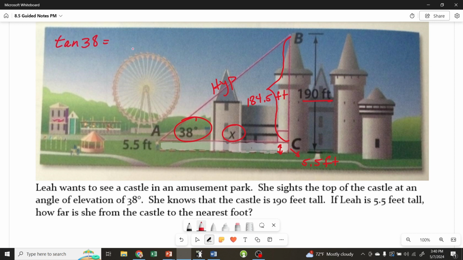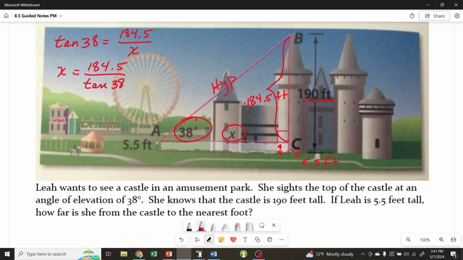So the tangent of 38 is going to equal the opposite, which is 184.5, over the adjacent, which is x. So we're going to use our little trick where we switch, and then x is equal to 184.5 over the tangent of 38.